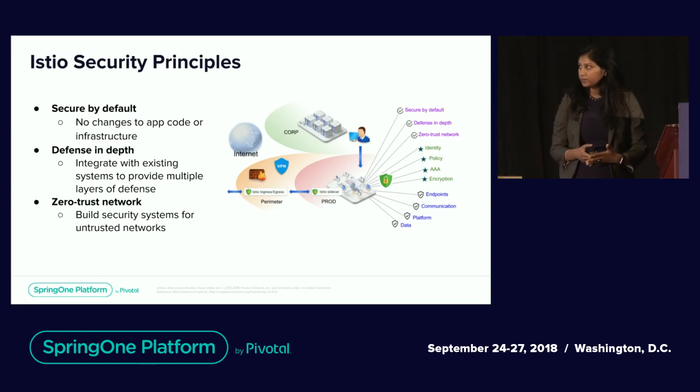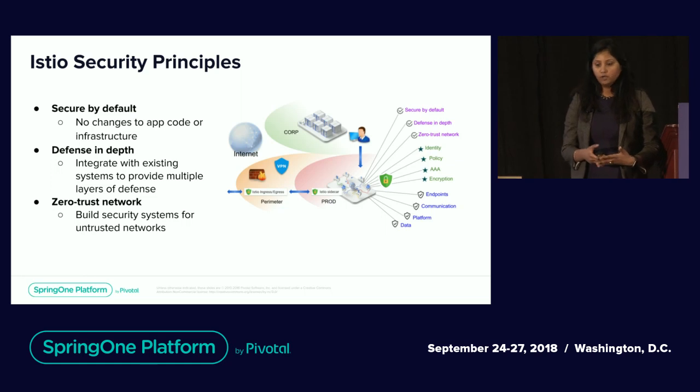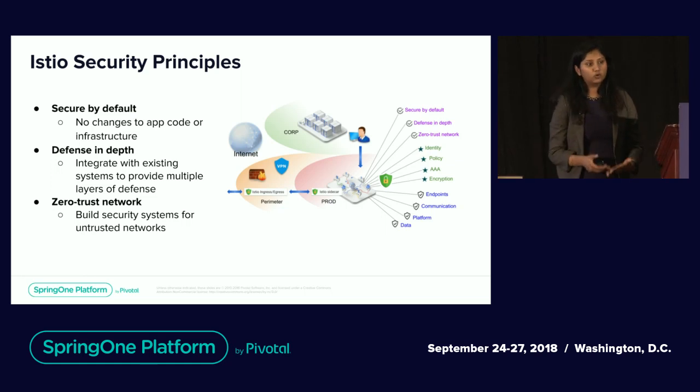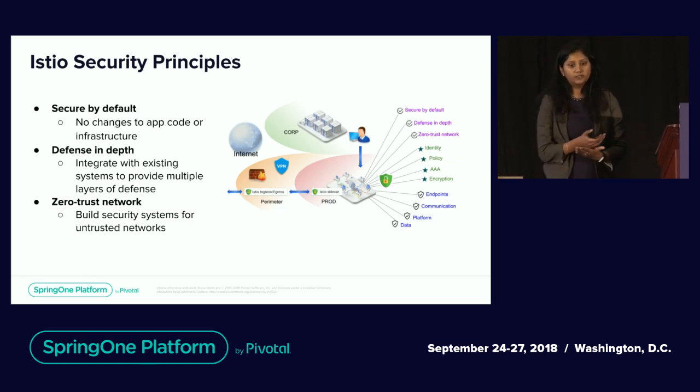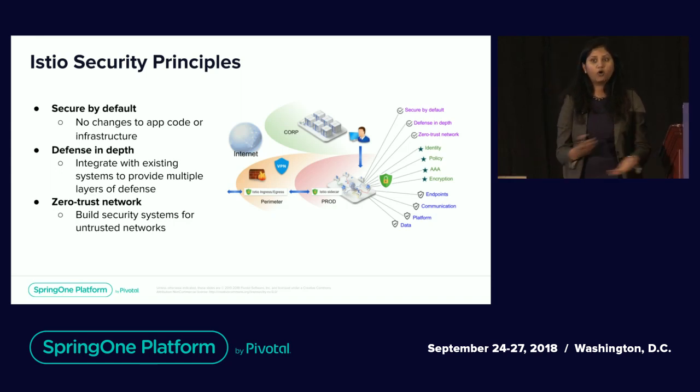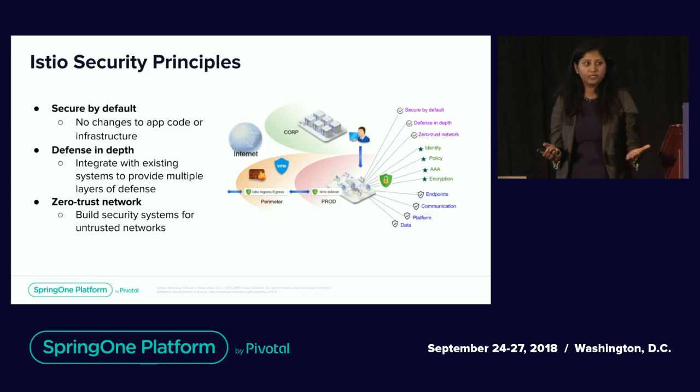So the first principle is that we can apply security policy by default without relying on application code, so that you get security as a standard thing for all your services and all your applications.